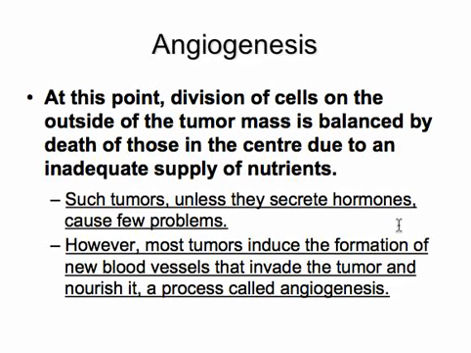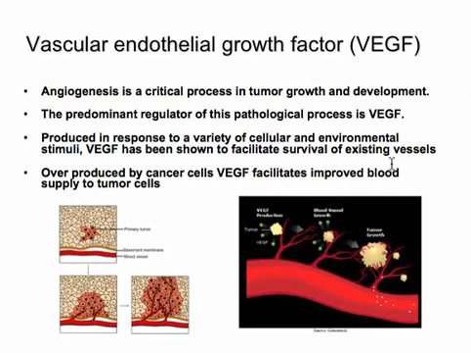So effectively, if the tumor has a mutation that allows it to secrete hormones, or have overactive hormones for some description, it can undergo this process of angiogenesis, and effectively one of the factors it may be able to secrete is VEGF, the vascular endothelial growth factor.